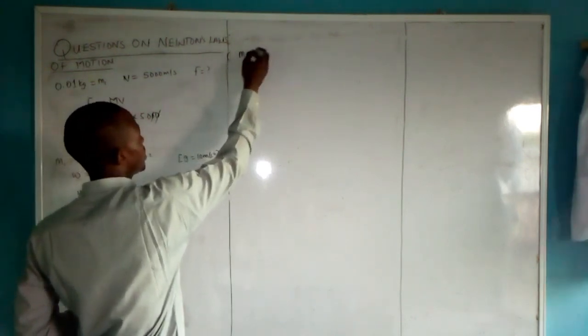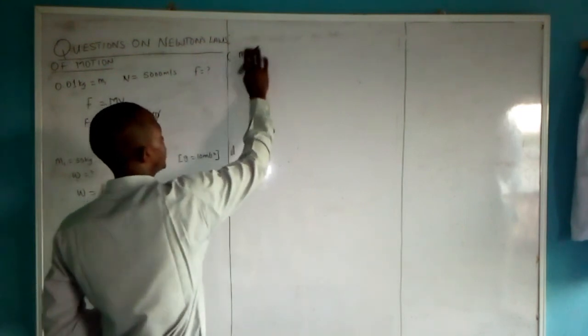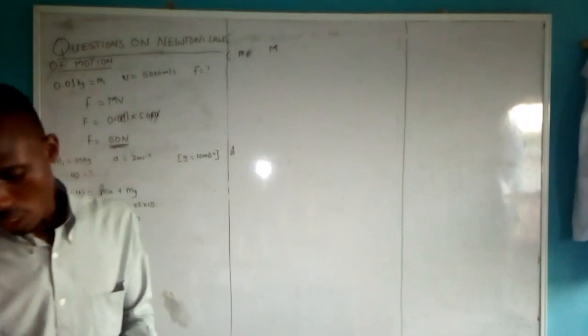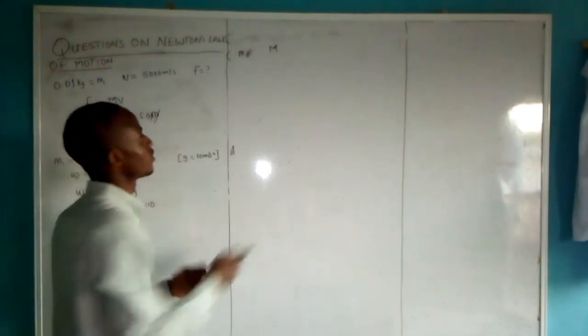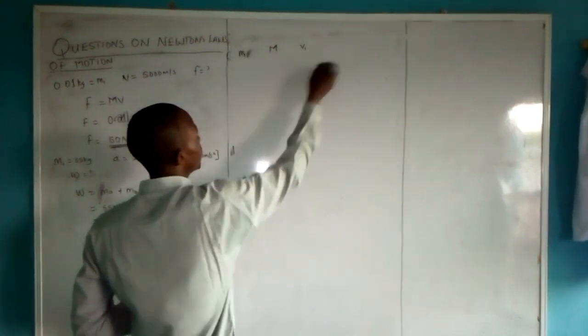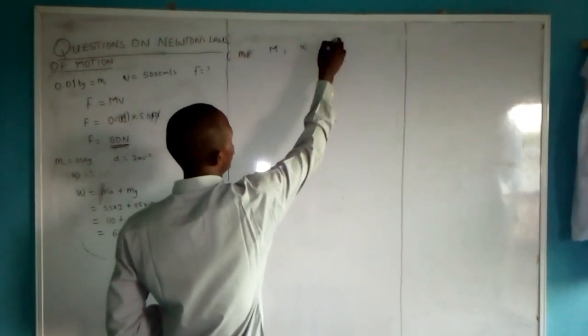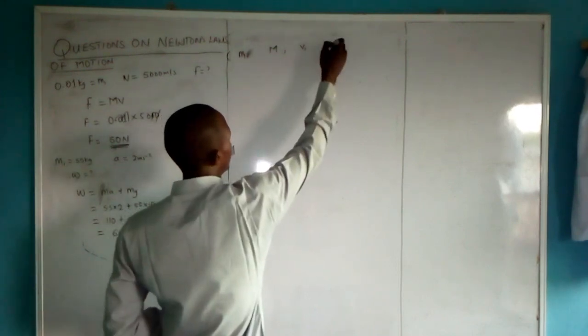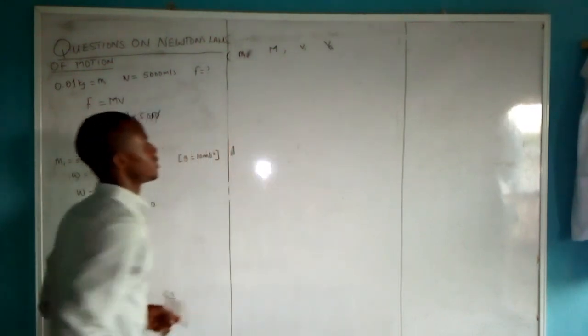The mass of the bullet is m and the mass of the gun is M, with the small velocity v being v1.